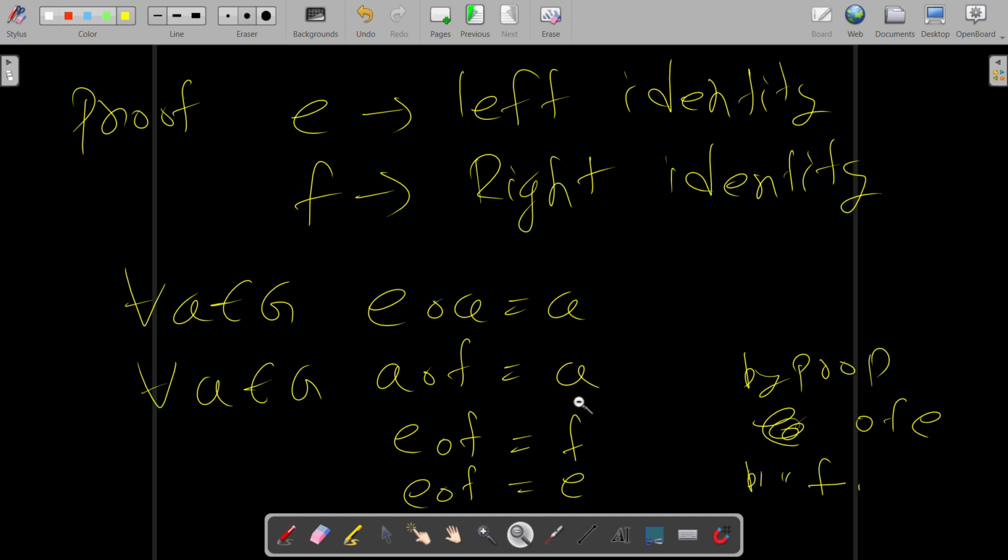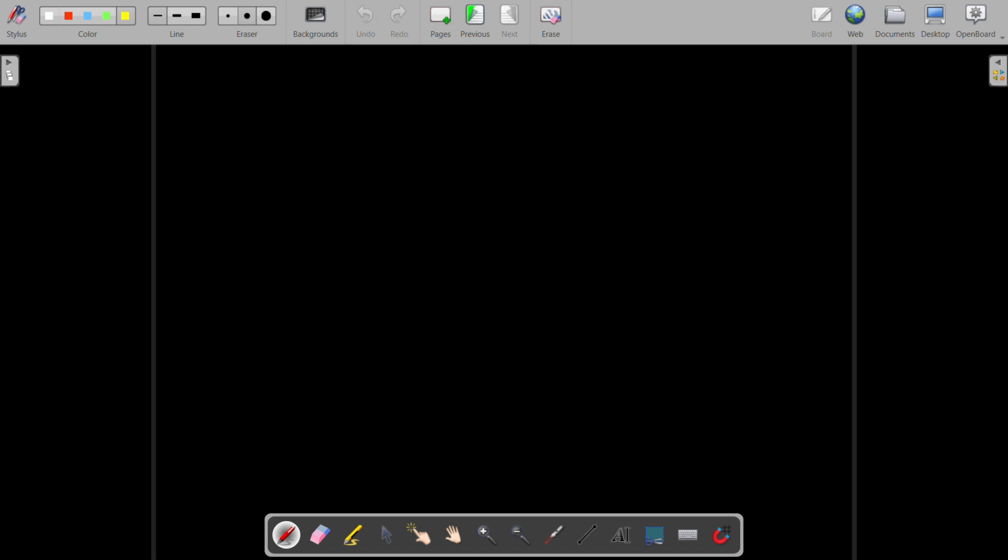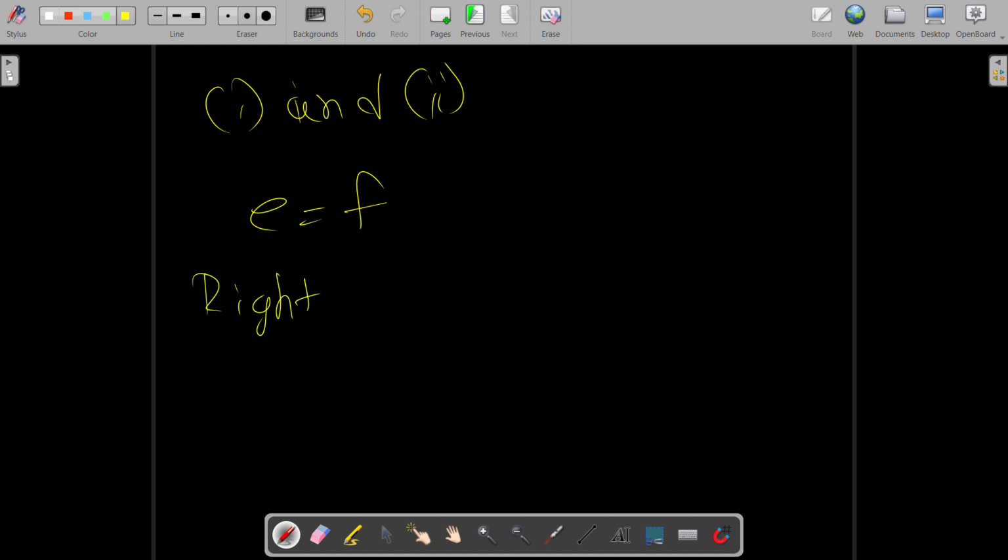Let's take this as equation 1 and this as equation 2. From equations 1 and 2 it's clear that E is equal to F. So the right identity of the groupoid is equal to the left identity.